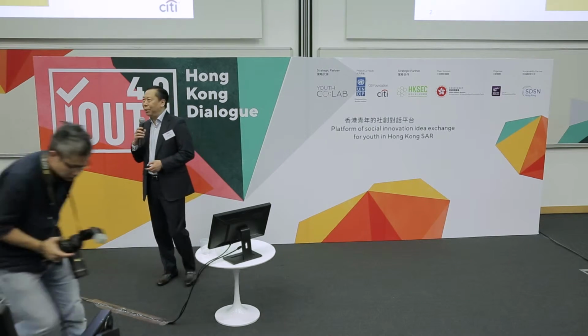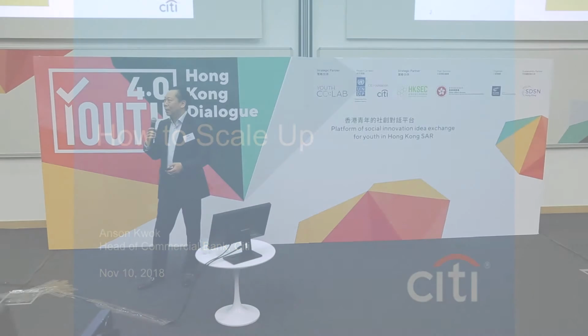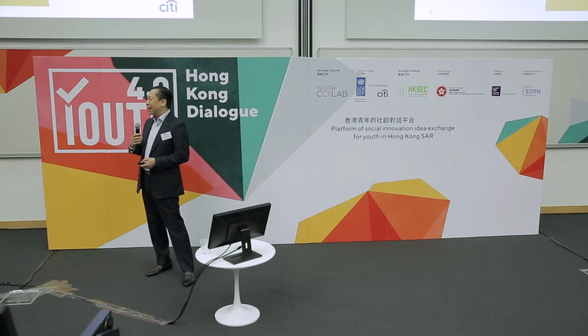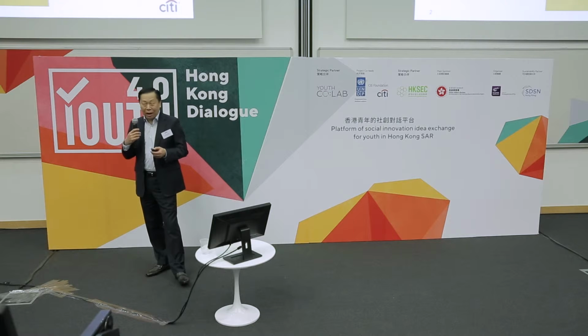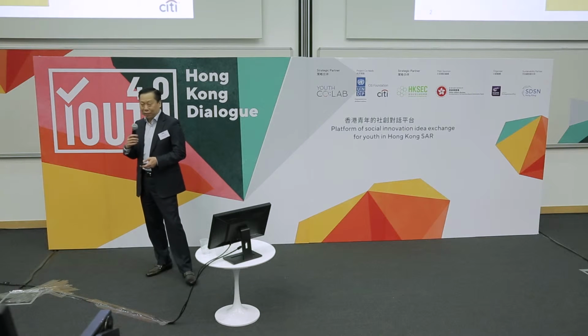So the topic today is how to scale up. Later on Michael will talk about the perspective of an investor, but I'll talk about the perspective of a bank. How banks look at companies, enterprises, and how to evaluate these companies and how we can help them.